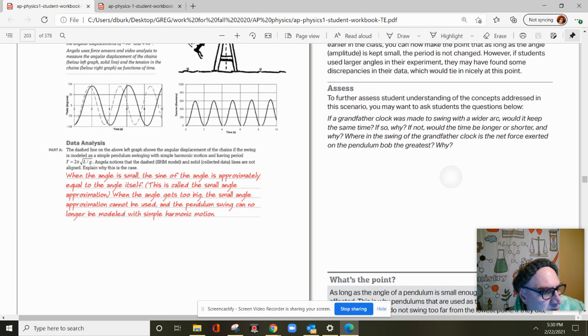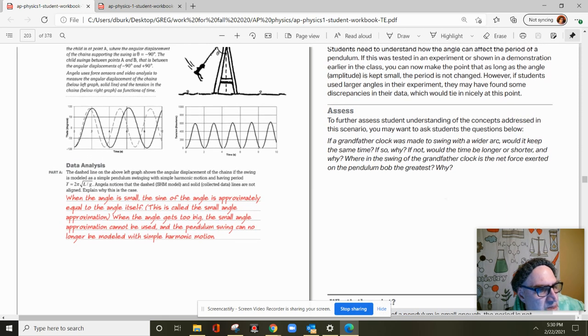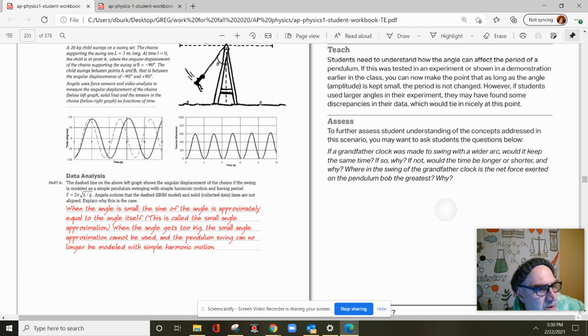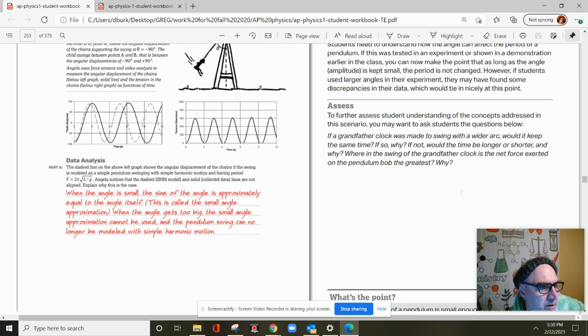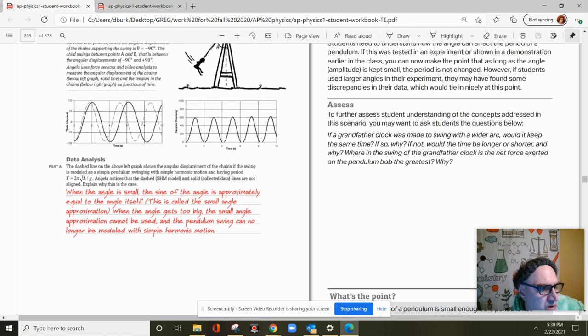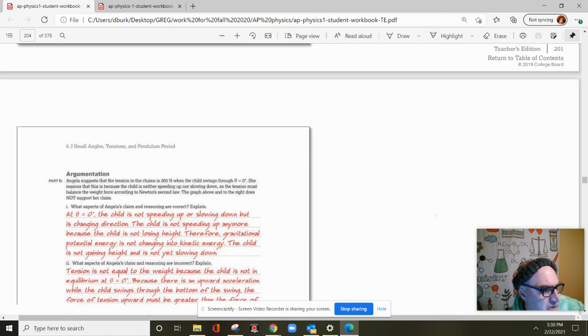The small angle approximation can only be used when the angle is small, and it's not. If you get your pendulum out and try to swing it from too big an angle, it does a kind of wonk wonk thing at the beginning until it settles down and starts swinging. Pendulums only work as a simple harmonic oscillator if it's a small angle. And so that is what the problem is here.